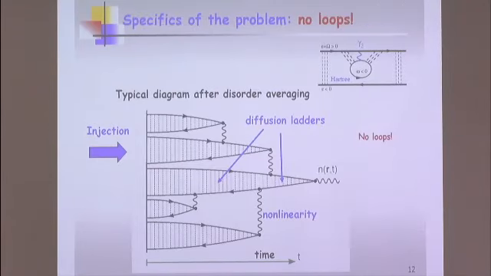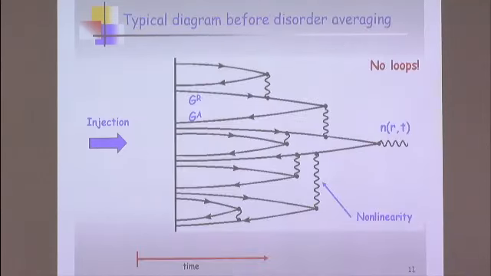So the important issue is that here, unlike what you have in case of true quantum systems, there are no loops just because it is a classical equation.